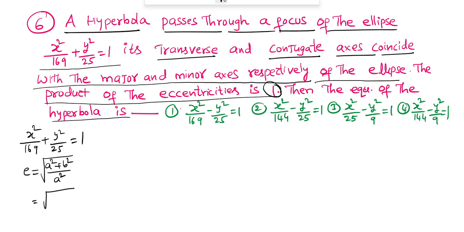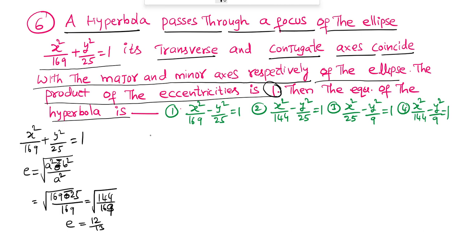That is square root of 169 minus 25 by 169, which is 144 by 169. So eccentricity E is equal to 12 by 13.